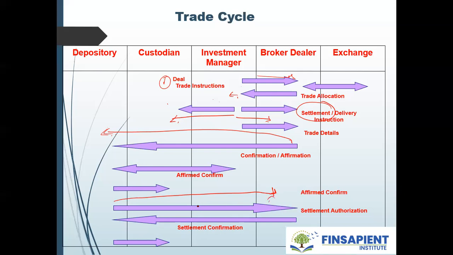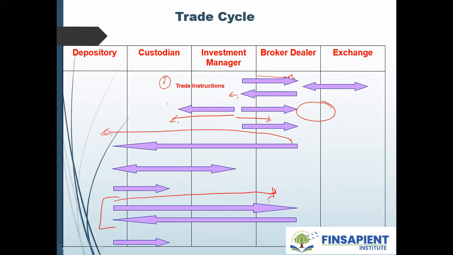This has to be done at a very fast pace, within 24 hours, ideally. So settlement authorization, settlement confirmation, these steps are completed between the depository and broker dealer. The one that we have seen earlier, if you go a few steps back in the map, we had seen.